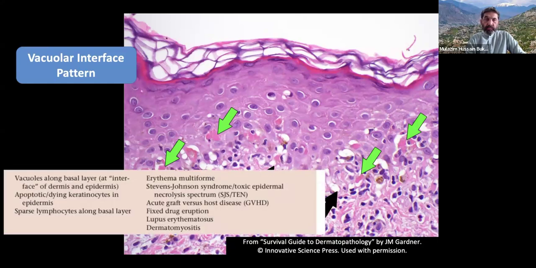Examples include erythema multiforme and the Stevens-Johnson syndrome and toxic epidermal necrolysis spectrum, acute graft versus host disease, fixed drug eruption, lupus, and other connective tissue diseases like dermatomyositis, and so on. There are others, but it's really helpful to find this because it can be very useful to the treating physician.